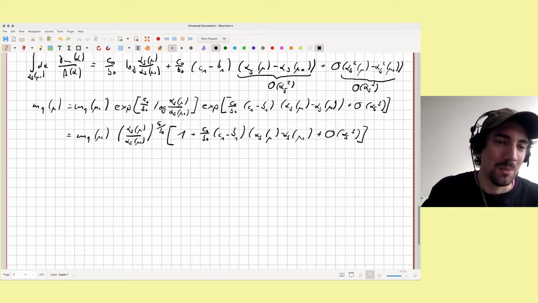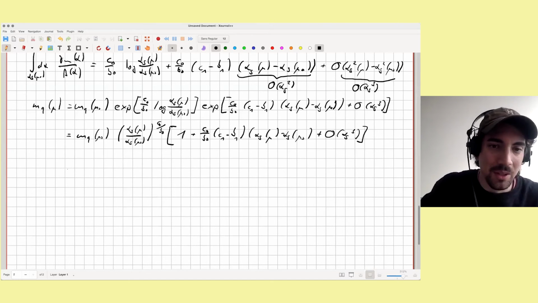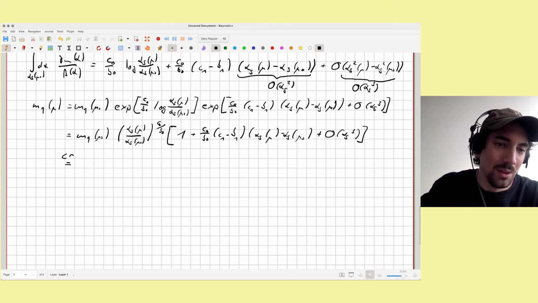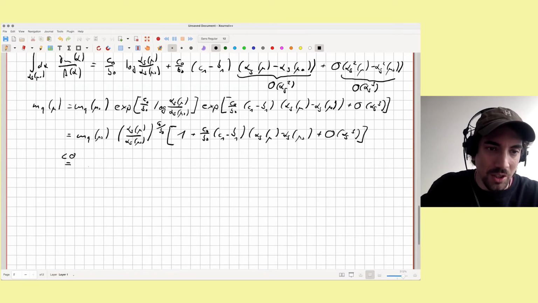Yeah, and so if we can still go back a little bit, that's the next to leading order expression, but for now we can simplify this in the leading order case a bit more, because there we just have the first term.